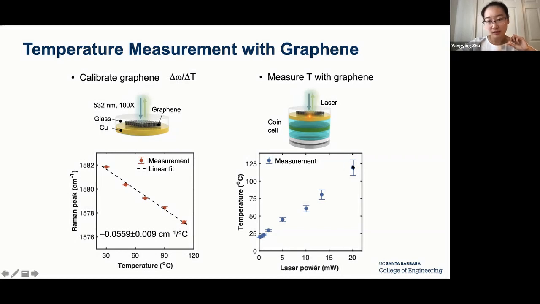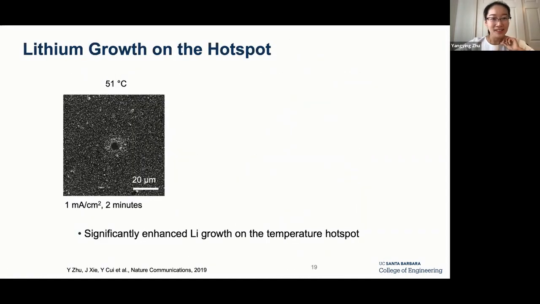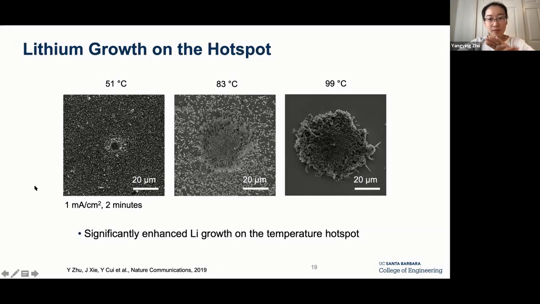In this case, it is a bit extreme, you can create a temperature hotspot over 100 degrees Celsius. We also did thermal simulation, but here's the interesting result. When you deposit lithium metal onto the anode, with the rest of the battery at room temperature but a temperature hotspot of 50 degrees Celsius in the center, you see more lithium metal on that temperature hotspot.